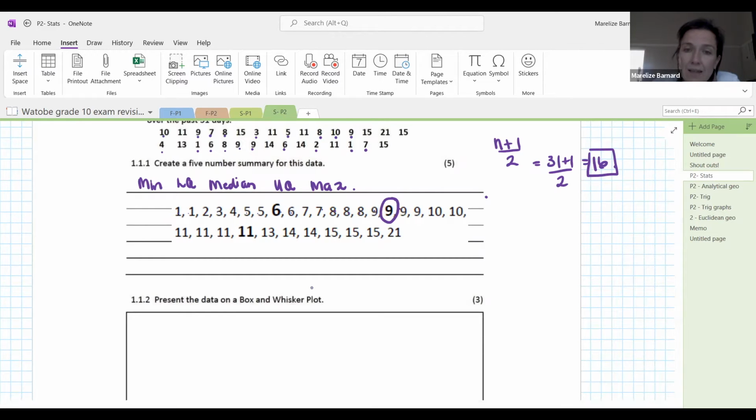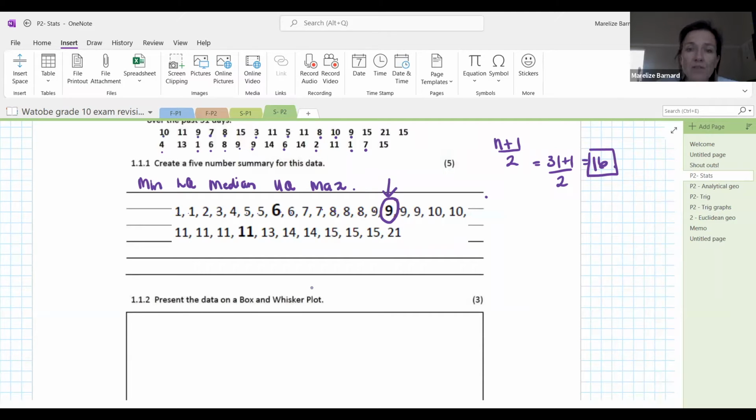And then if that's our middle, now we look at the lower half of the data. The middle of the lower half is going to be the lower quartile. So if you were here in the third term, you would remember we did this many times. We're just going to locate the middle value of the lower half of the data.